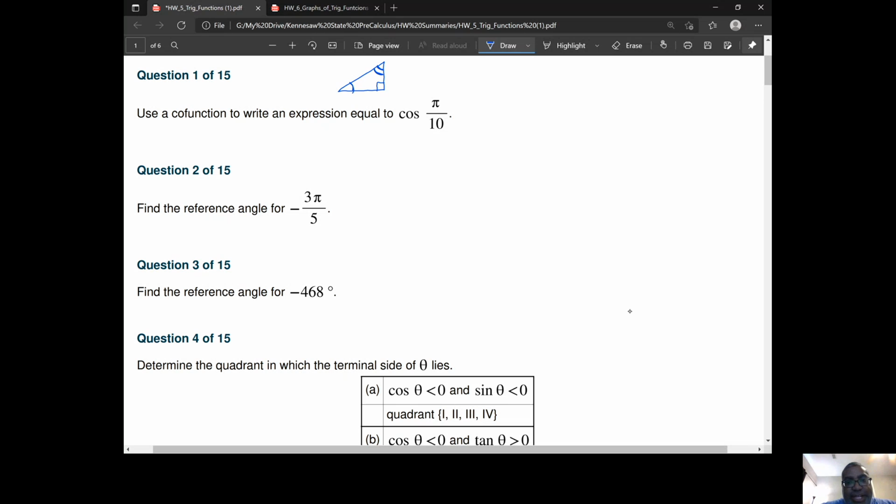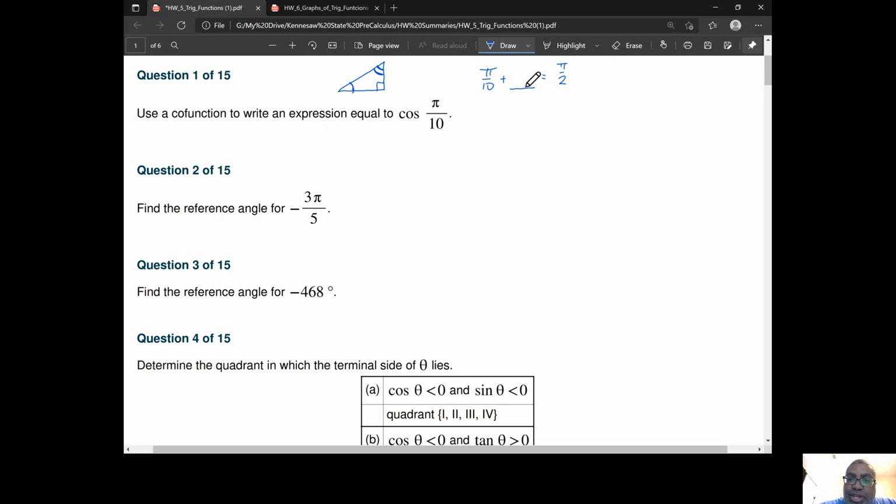In radians, pi over 10 plus whatever goes here is going to equal pi over 2, which is 90 degrees. The two angles of the triangle equal 90 degrees, which is pi over 2. So this angle plus this angle equals pi over 2.